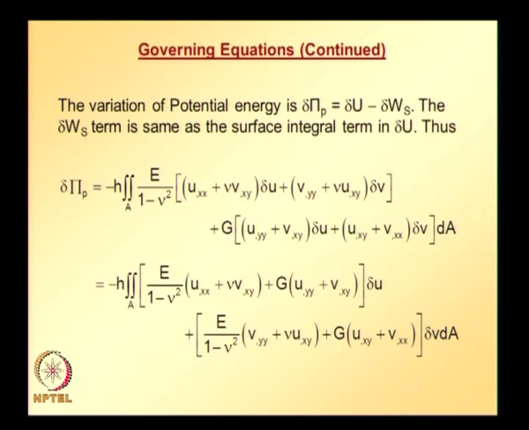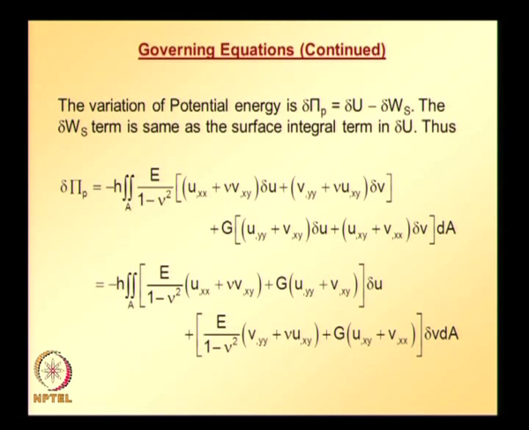If you notice, the variation of W term is the same as the surface integral term in the variation of U. So, that term gets cancelled, and finally we get the variation of potential energy as this one.